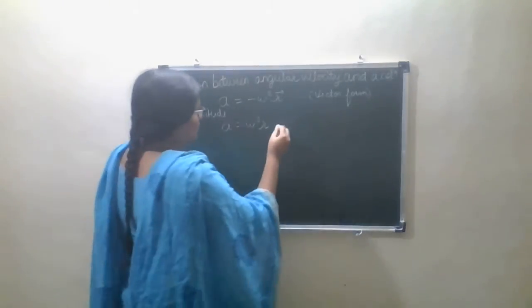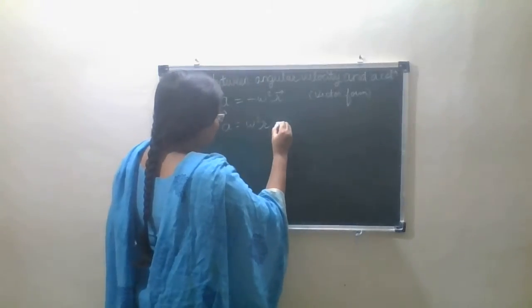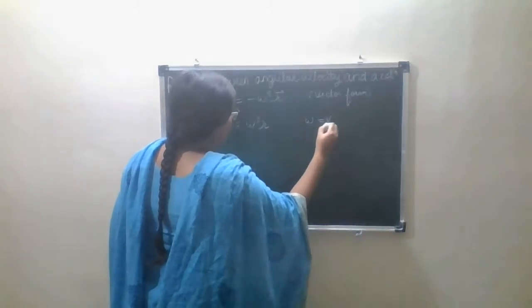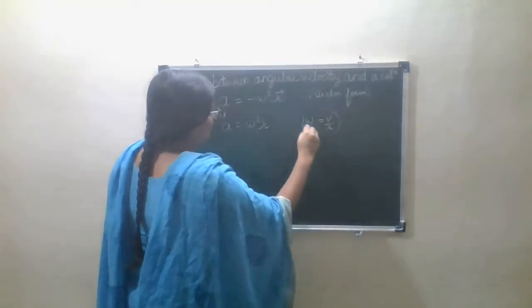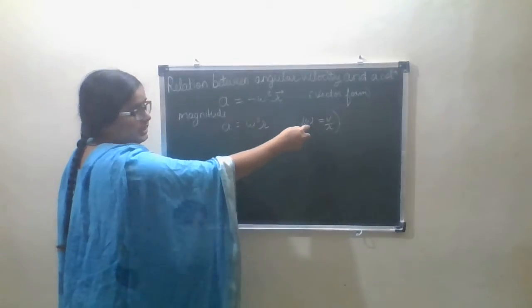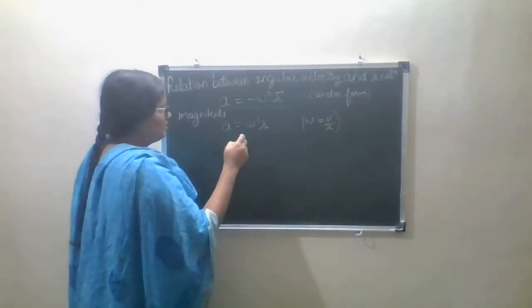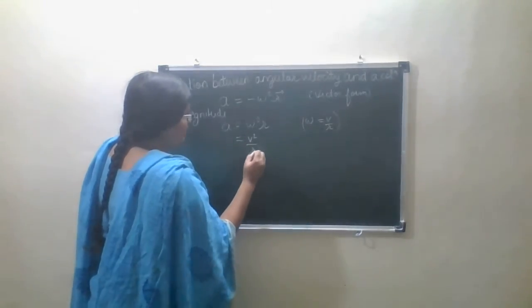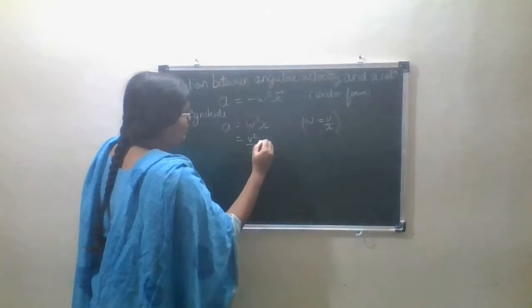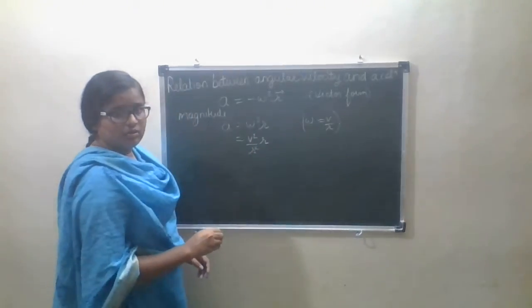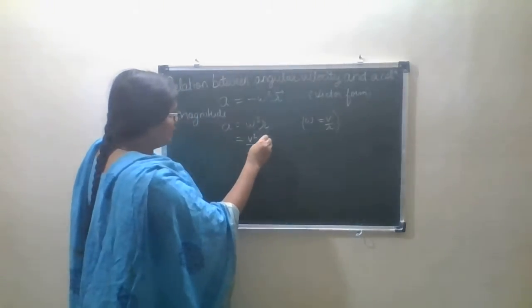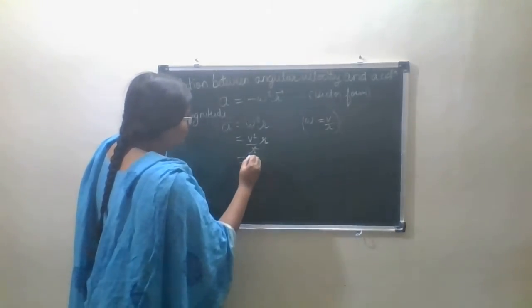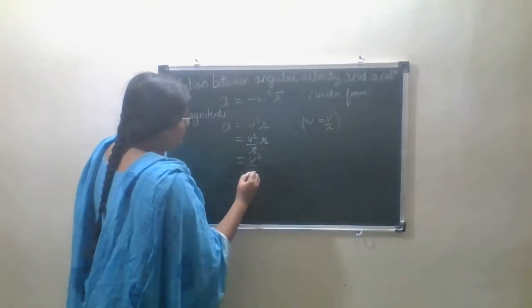Also we know the relation omega is equal to v upon r. We will substitute this in the equation. We will get v square upon r square, and this r as it is. Then this r square and this r will get cancelled, and we get v square upon r.